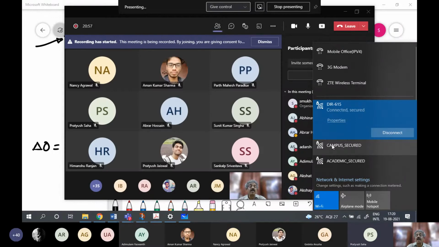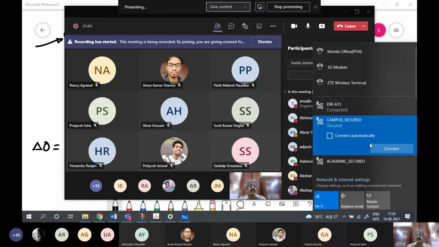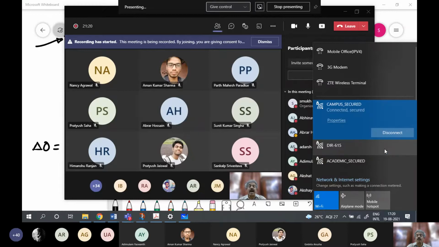Intermittently losing connection. Let me switch over to a different network, but this is a Wi-Fi network which will not. Yeah, I'm on a different network now. Hopefully it will be stable.